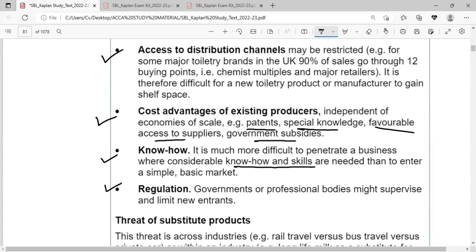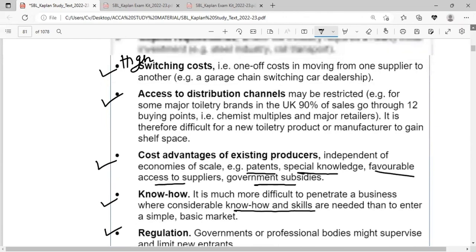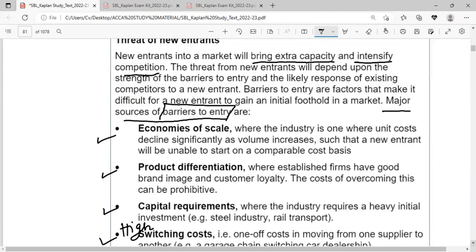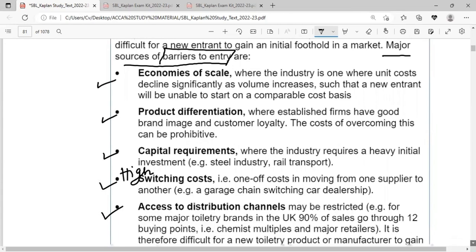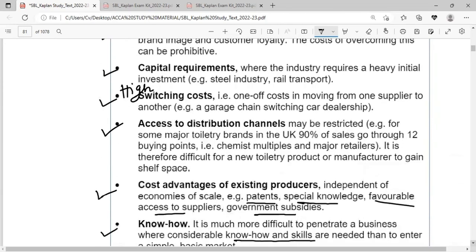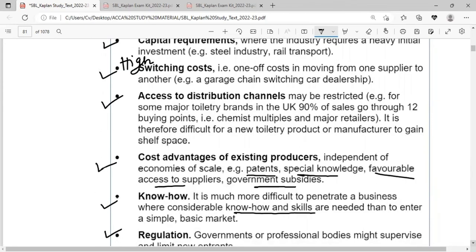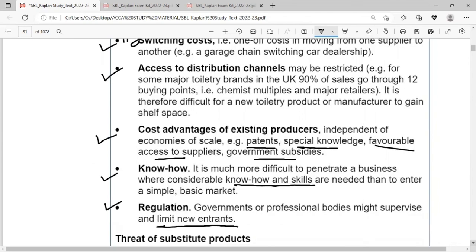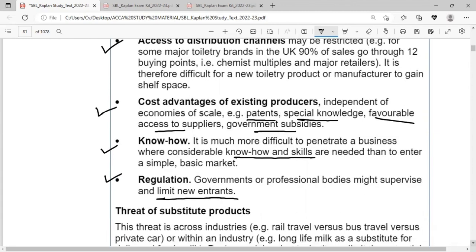Regulations, if regulations of the government are high, if legal requirements of the government are high, then it will also limit the new entrants from entering the market. So these are the barriers which existing producers or existing sellers can create for the new entrants, starting from economies of scale, heading towards product differentiation, then moving to the high capital requirement, then moving to the high switching cost, then asking for a number of distribution channels, then working with the cost advantages for the existing producers.